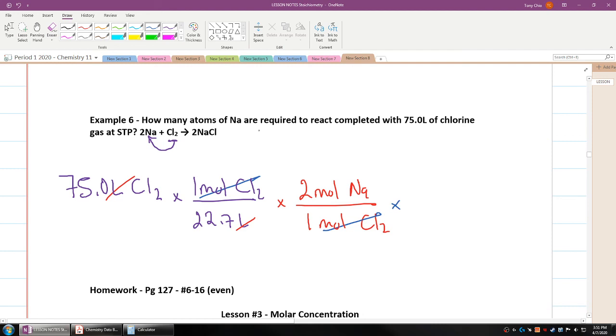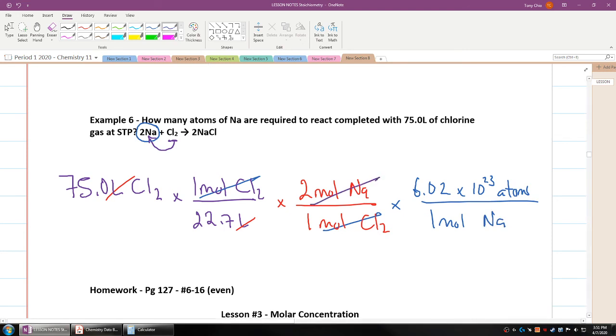My last step is to get to atoms of sodium, because this sodium here is an atom. It's an element. It's not a compound. My Avogadro's number is representing the atom of sodium. So 6.02 times 10 to the 23 atoms per 1 mole of sodium.